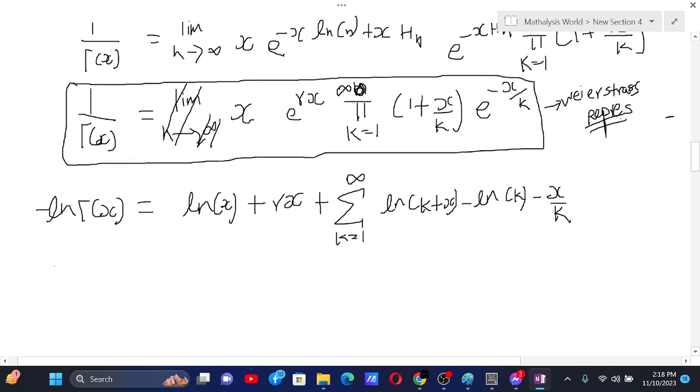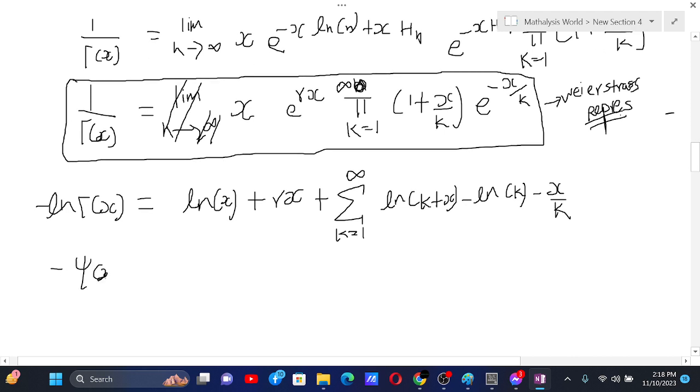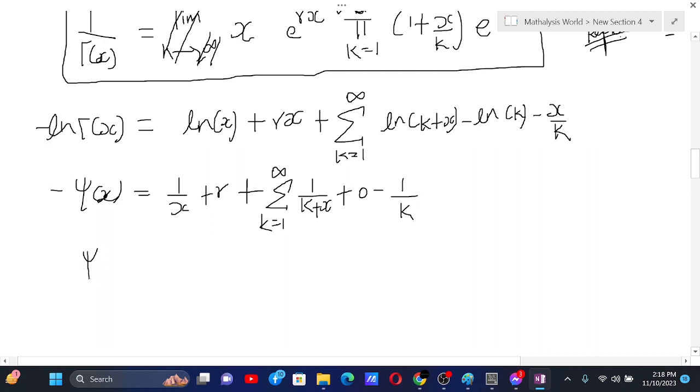Now if we differentiate this, we get minus digamma of x equals 1 by x plus the Euler-Mascheroni constant plus sum from k equals 1 to infinity of 1 by k plus x, that one is 0, and minus 1 by k. So if we bring the negative to the other side, we have digamma of x equals minus 1 by x minus the Euler-Mascheroni constant plus summation from k equals 1 to infinity of 1 by k minus 1 by k plus x.